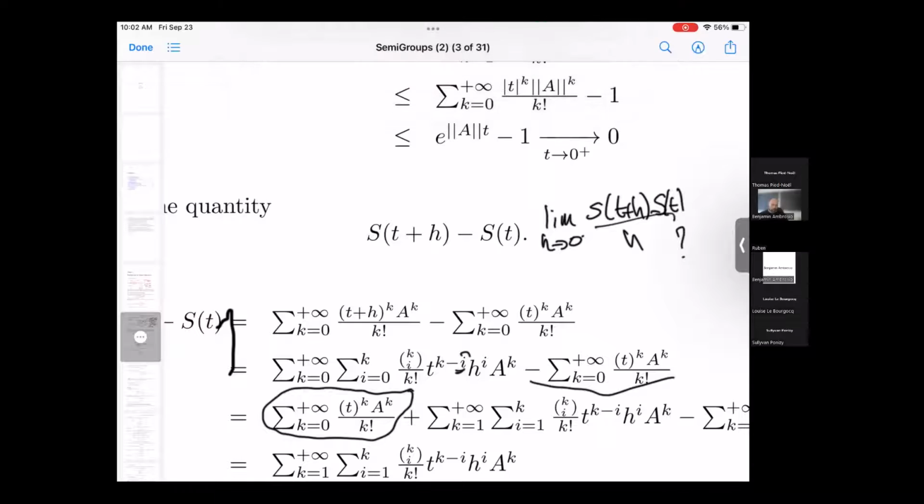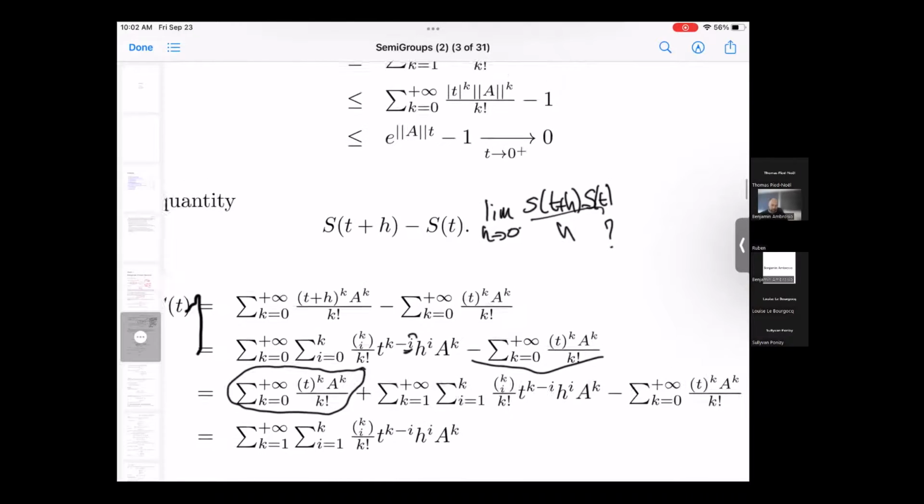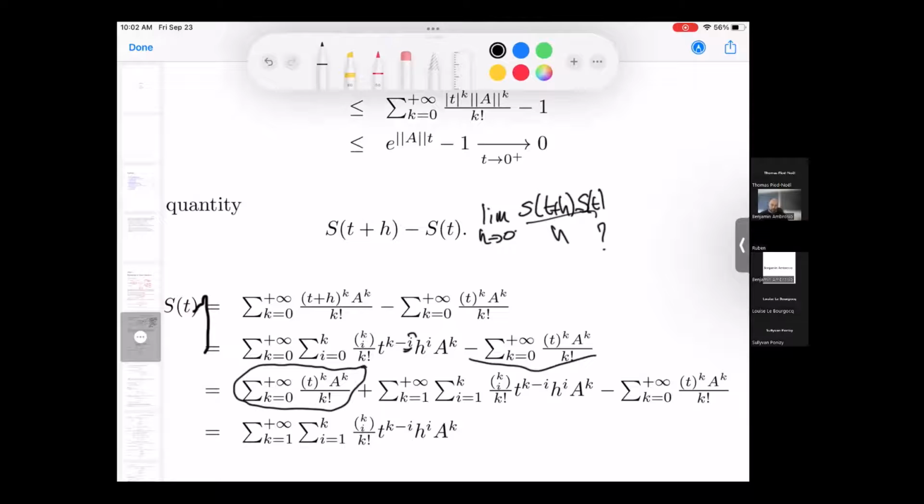So this term cancels with this term, and I obtain this quantity, which is written here. All right. And now I will divide it by h and see if this quantity converges when h converges to 0.